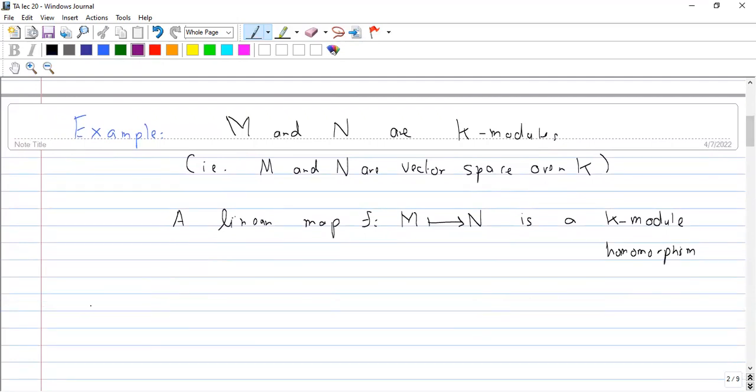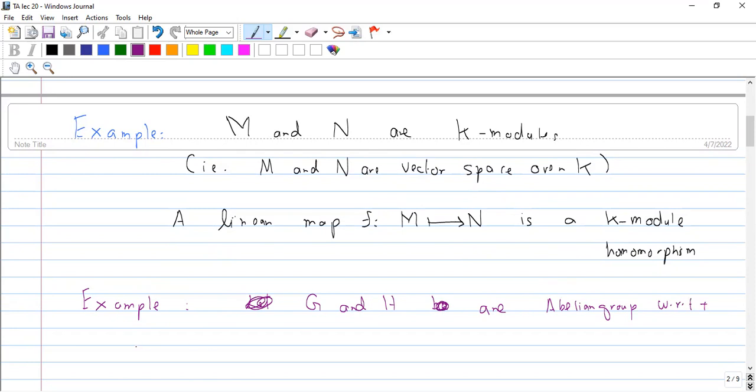Now, in the second example, let G and H be abelian groups with respect to addition.